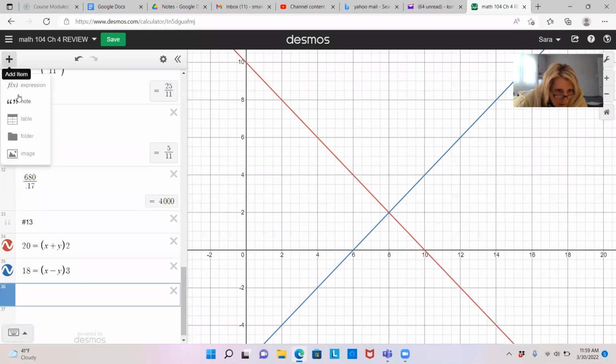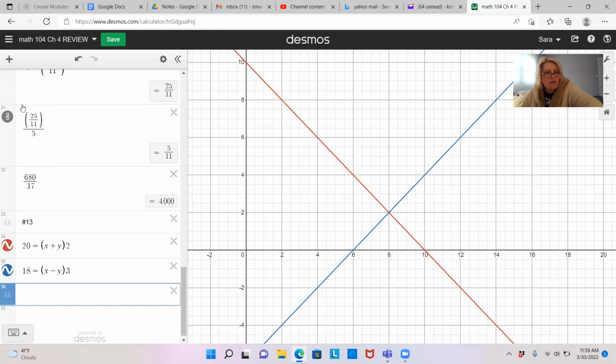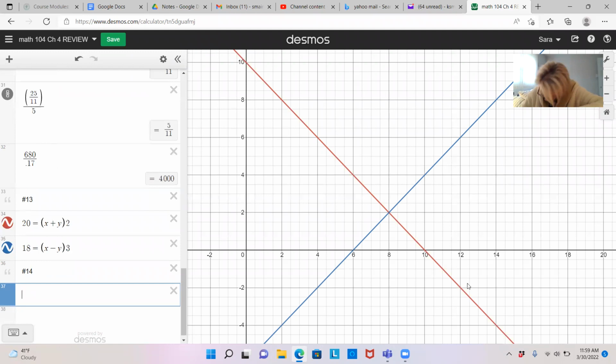Let's just make a note of this. This is number 14. Okay, so we're going to call dimes x, so 5x plus quarters, we'll call y, equals 14.